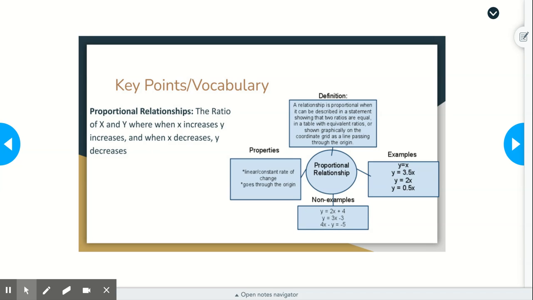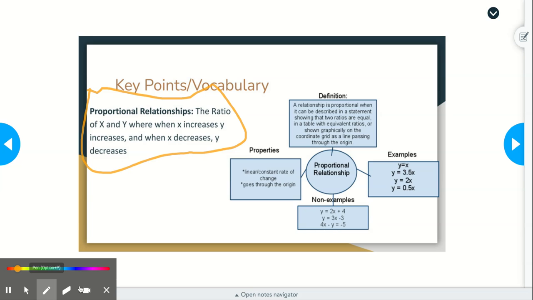We're going to be using this definition throughout the next few lessons coming up here Tuesday and Wednesday to help further define what we mean when we say similar triangles. So again, this is something that for sure you want to write down as new vocab, as a key point for today. So if you didn't write that down last time, pause the video, take a second, and write that down.